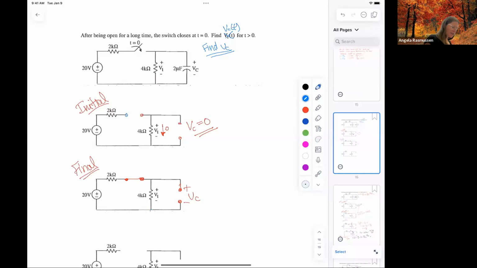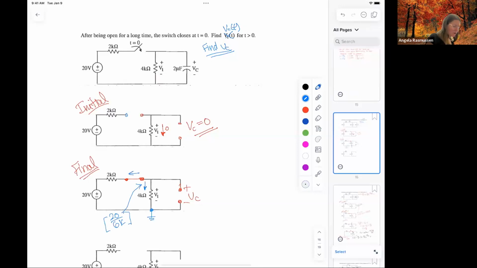You can either see that this is a voltage divider and use the voltage divider equation, which I don't always recommend because people forget it. The other way is to find the current going in that loop. It's a single loop, so it would be 20 over 6K, and that would be the current going through this. The other way is a node voltage equation.